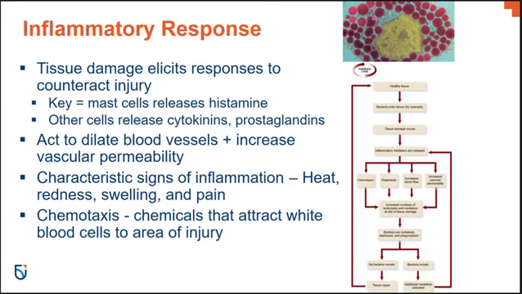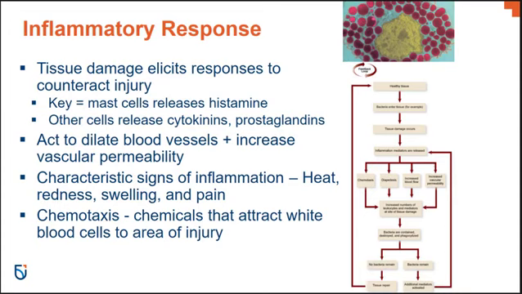Inflammatory mediators that are released from these mast cells include histamine. Other cells release cytokinins and prostaglandins. But in any case, these mediators are working to dilate blood vessels and increase vascular permeability. And this has a purpose, which is to help phagocytic white blood cells reach the affected tissue and get to work.